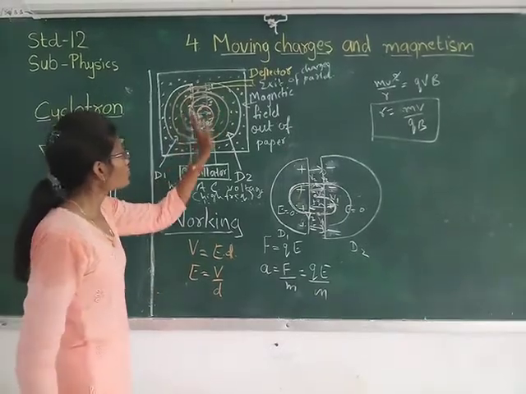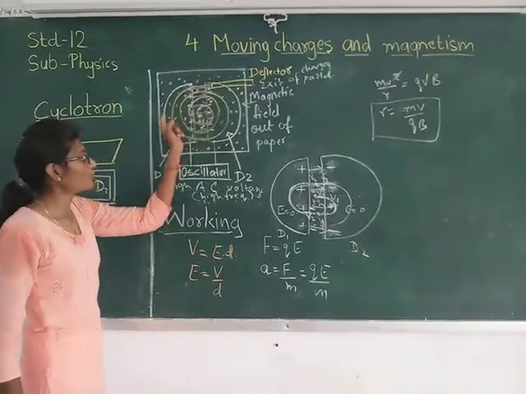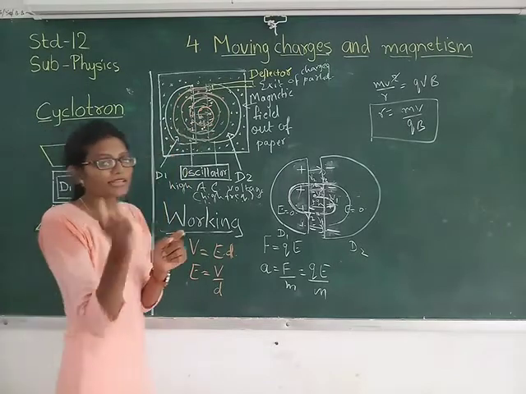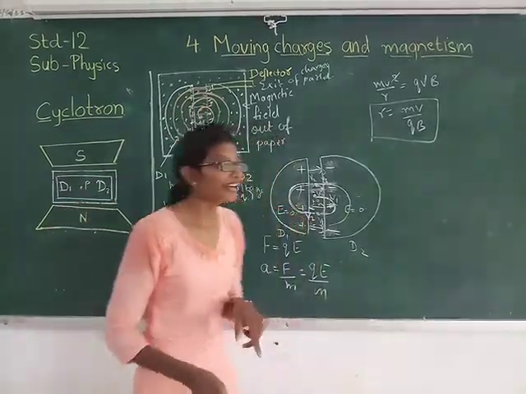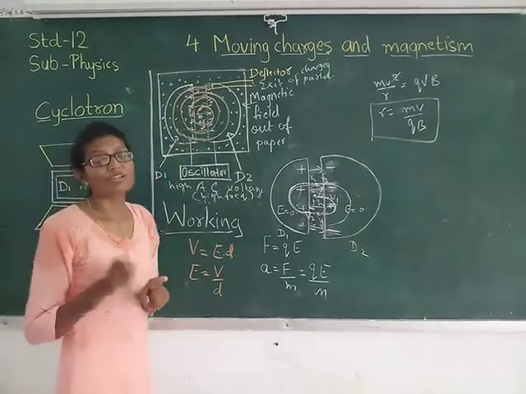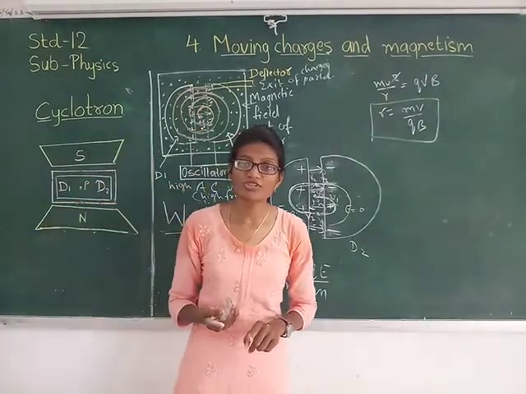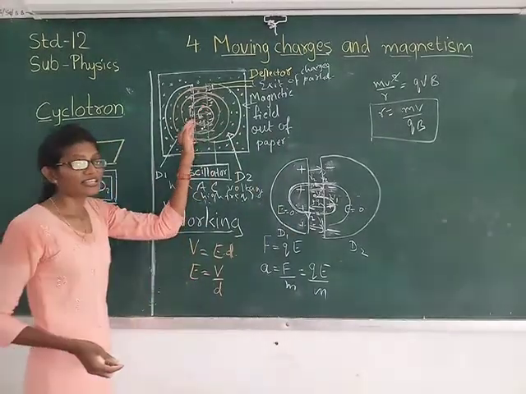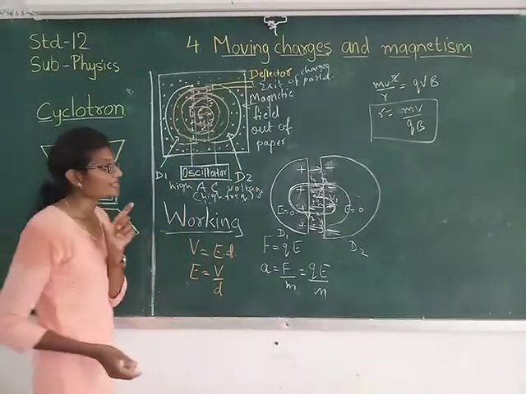So to get the charges from D1 to D2, again to D1, in spiral form, whenever the charge comes back to the gap, at that time the polarity should change immediately. So for this we need to adjust that, right?